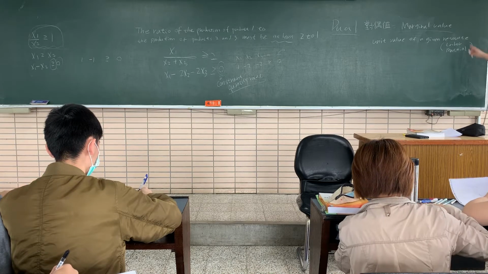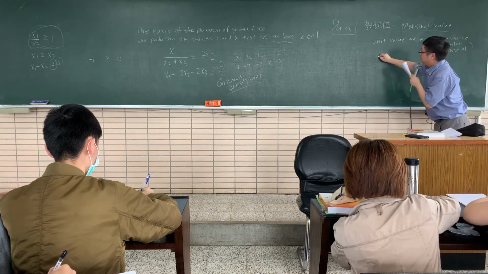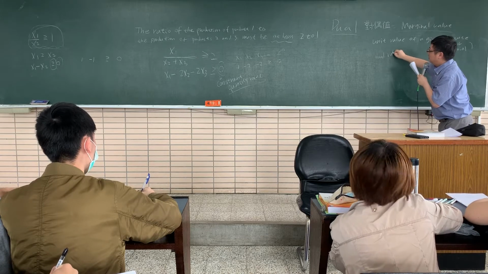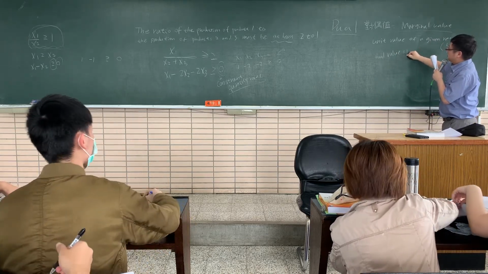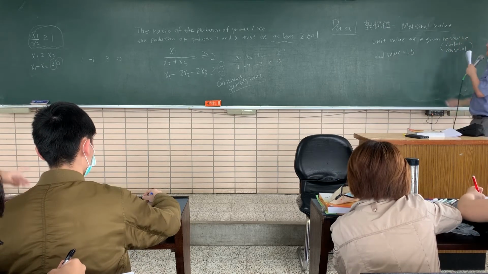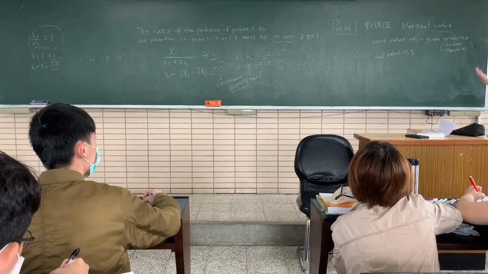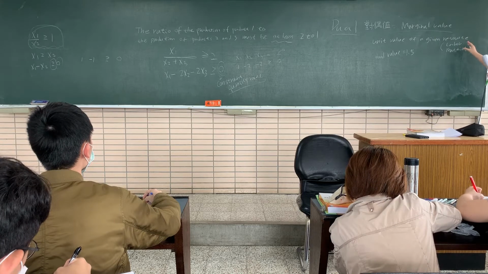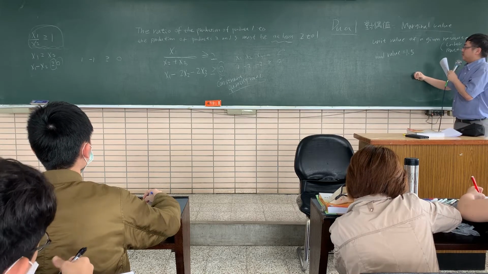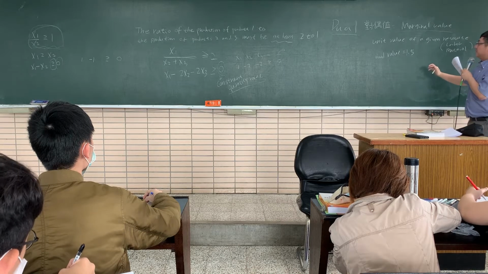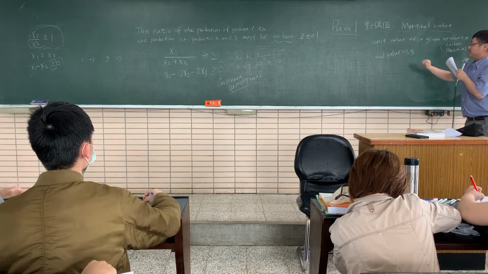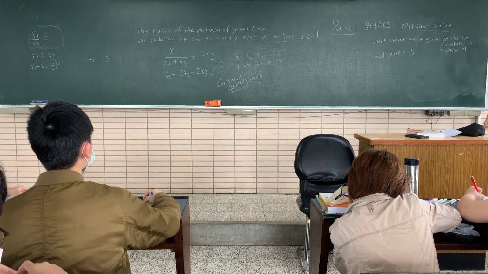So if the dual value is 1.5, it means the increase of 1 unit of the resource will bring in 1.5 value to the company.